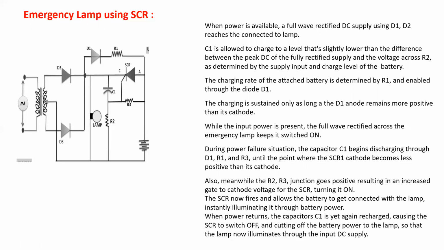When there is a power failure, the capacitor C1 begins to discharge through diode D1 and resistors R1 and R3, until the cathode voltage is less than the positive of the supply voltage. In short, depending on the input supply, the circuit operates on battery voltage or on the supply voltage. That is called the emergency lamp.